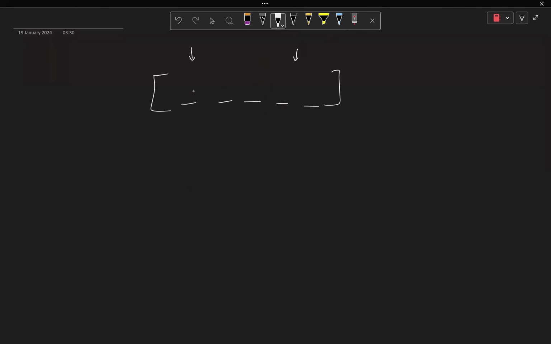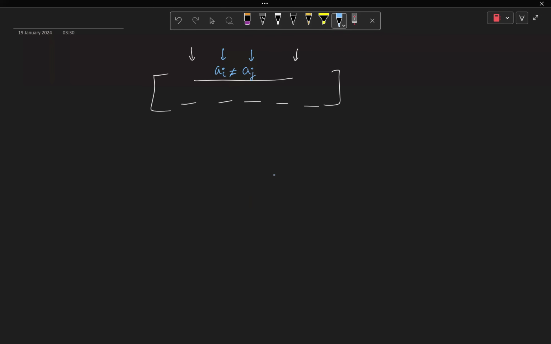We will have to give the indices of two elements which lie in the range given in the query, and the values on those indices, let's say ai and aj, should be different. These two should not be equal. So is the problem clear?